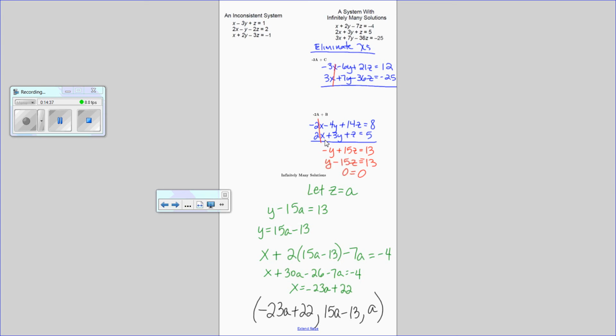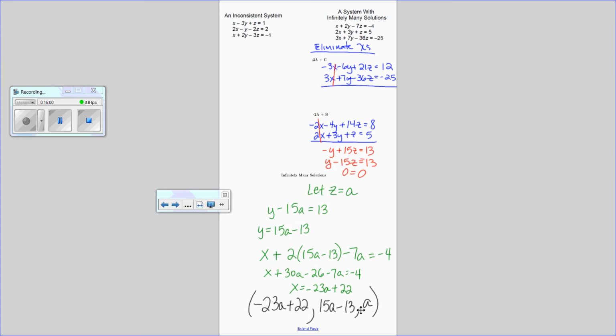So by plugging in a for z, I get that y minus 15a equals 13, and y equals 15a minus 13. So if my z value is a, then my y value is 15a minus 13. I'm going to go back to any equation.